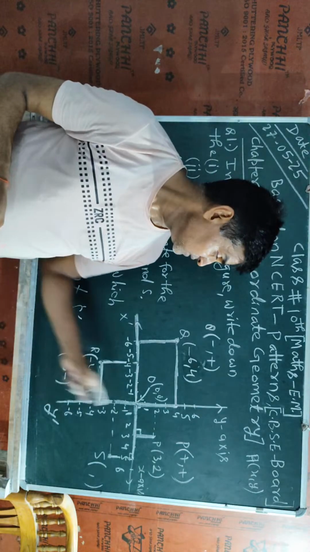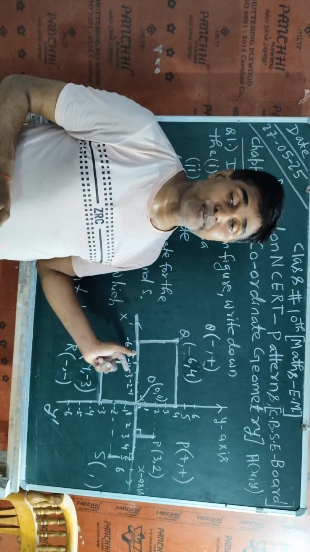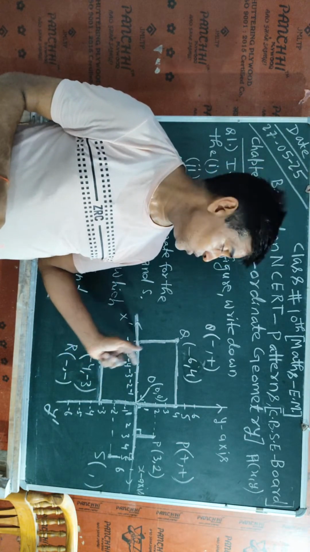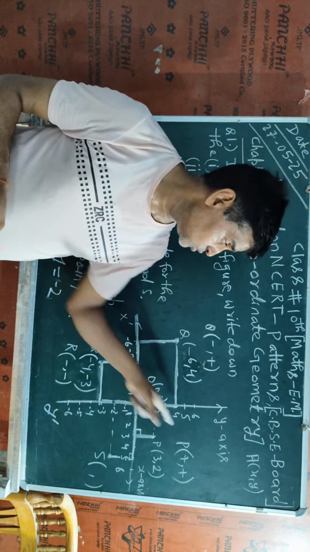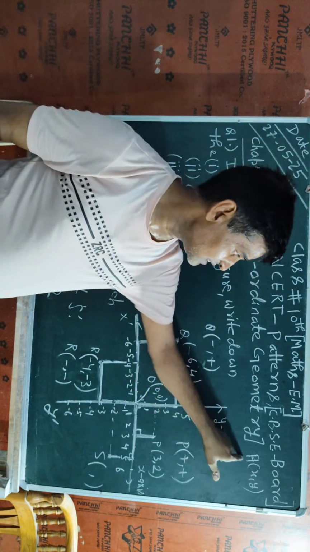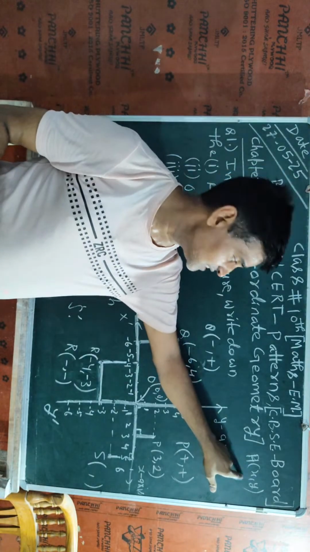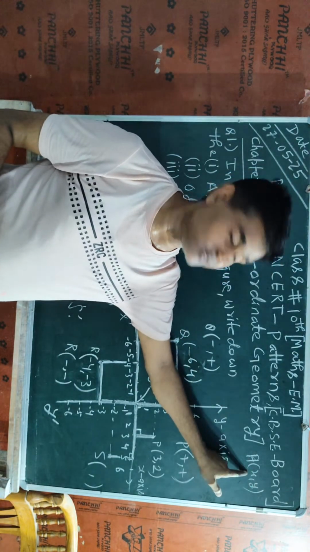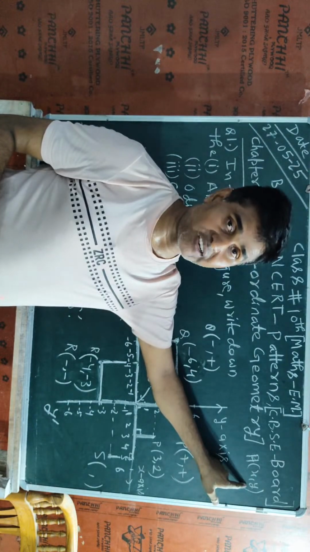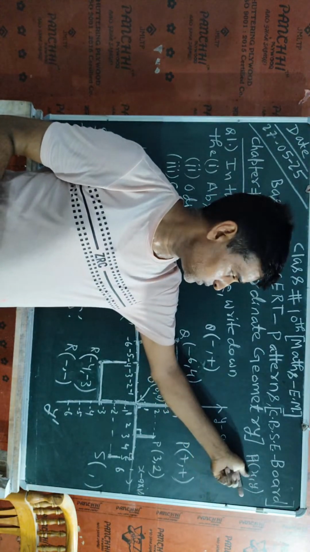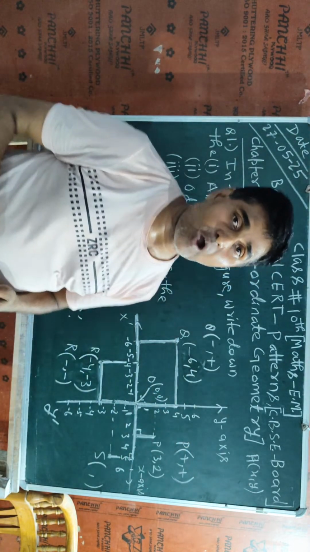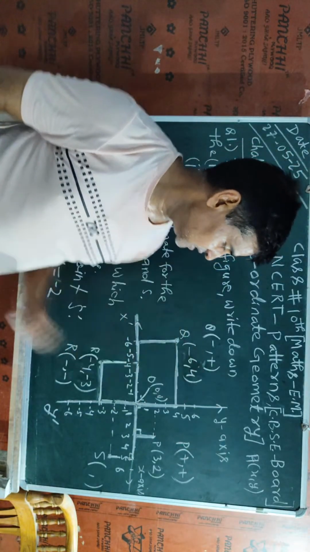So I will find the abscissa value and the ordinate value. Those values I will substitute in the point, which is written as (x, y). X is known as abscissa and y is known as ordinate. I will substitute these values here, so that the point I can obtain very easily. Okay, student.